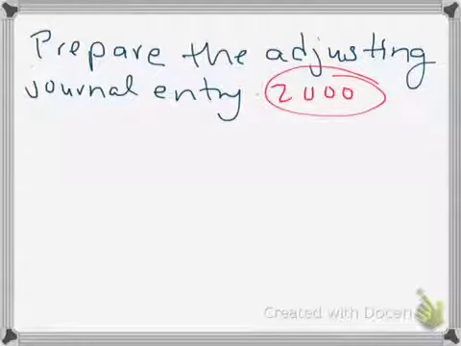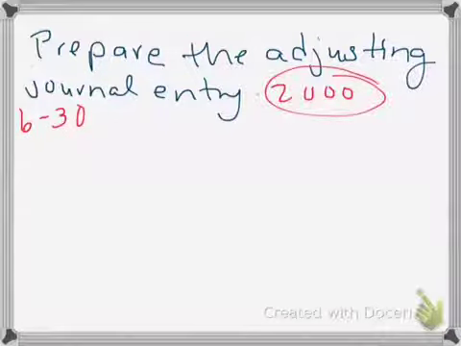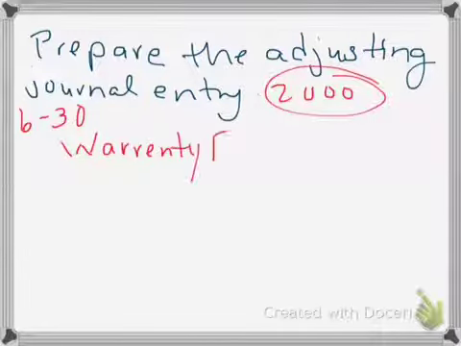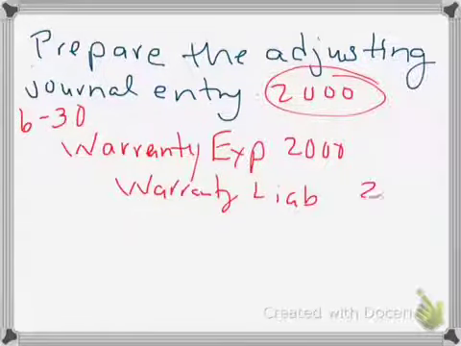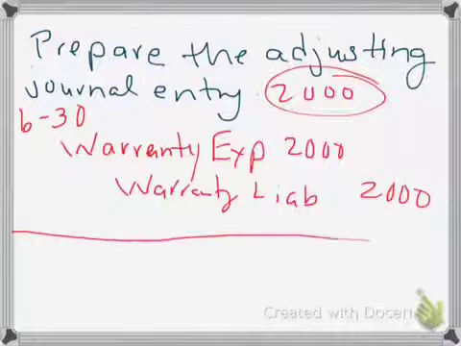So for this adjusting entry at the end of June, 6/30, we would have a warranty expense for that $2,000, and then a warranty liability for that $2,000, and this way we can keep track of that liability.